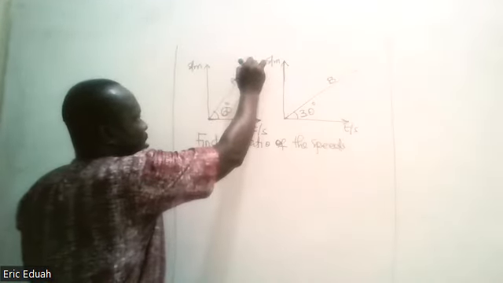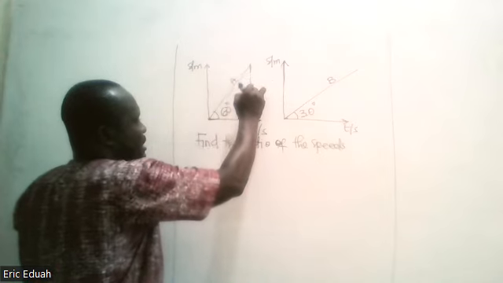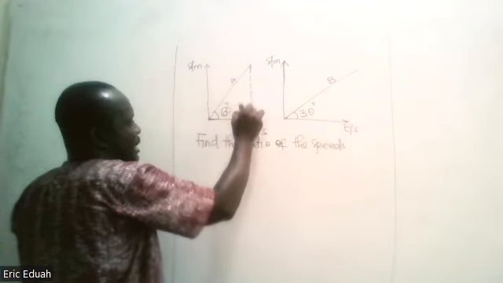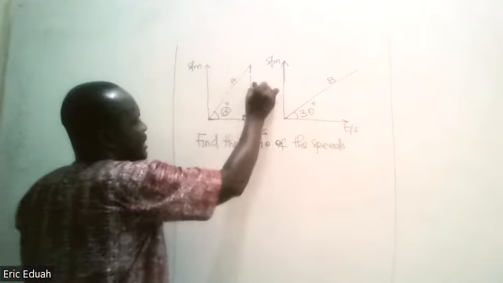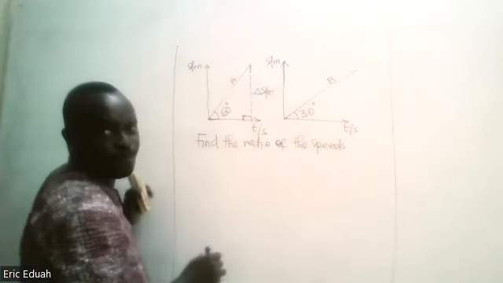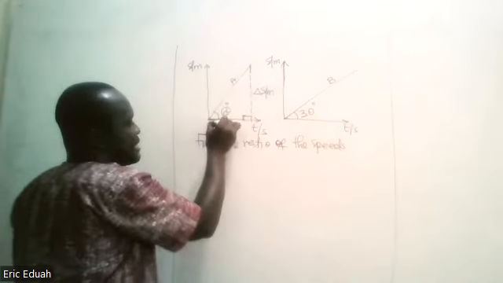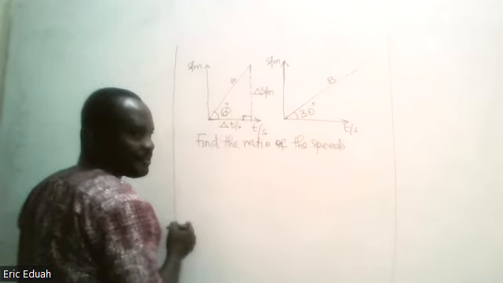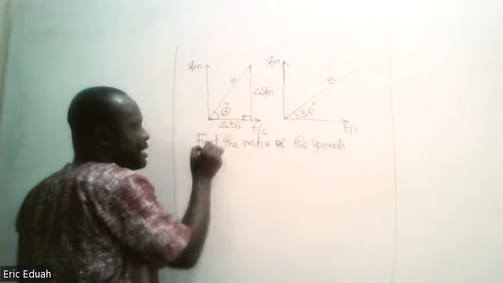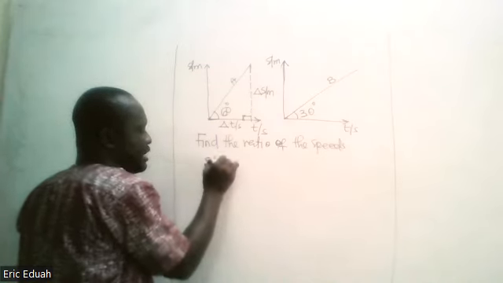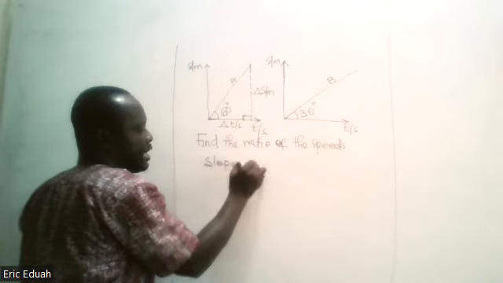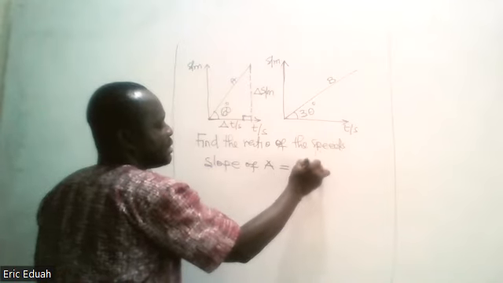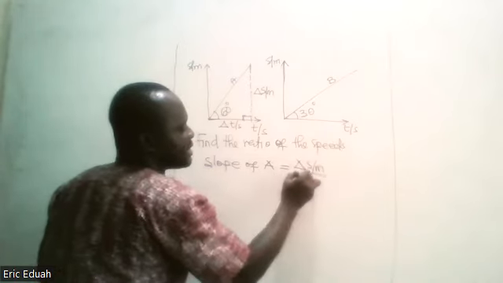This is the vertical component of the angle, and this side is the change in displacement. The adjacent side is the change in time. So when I find the slope of A, slope of A is equal to the change in displacement over the change in time.